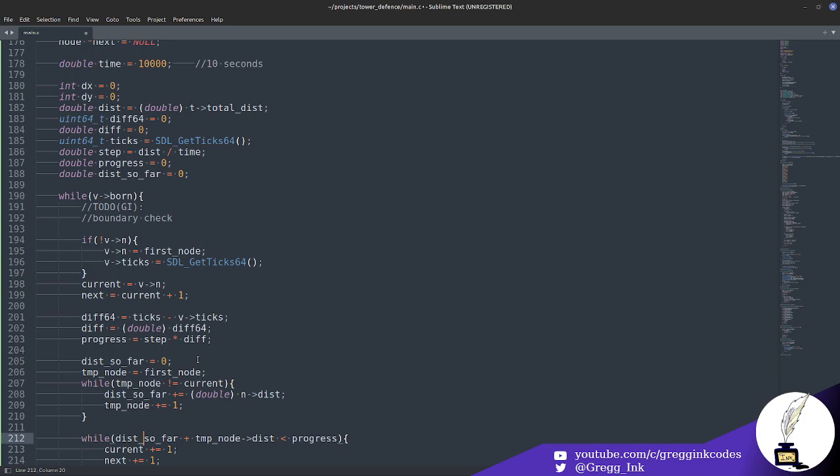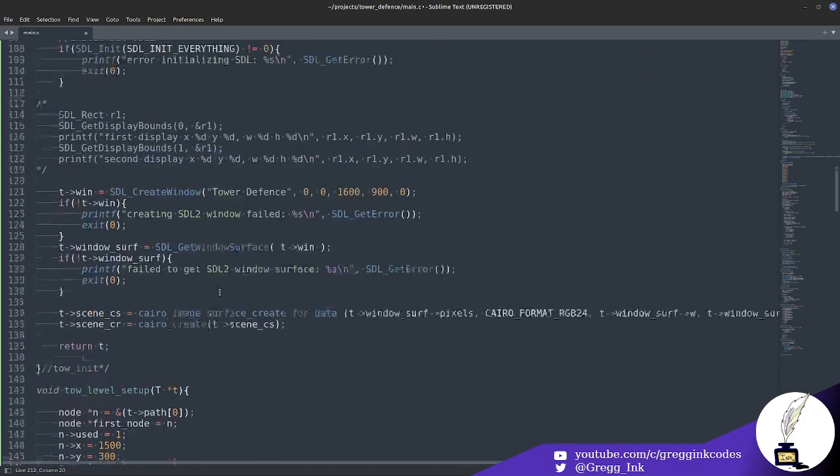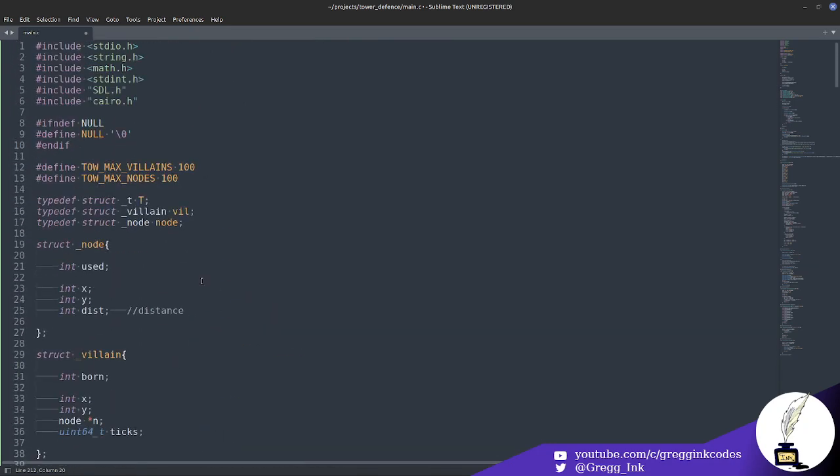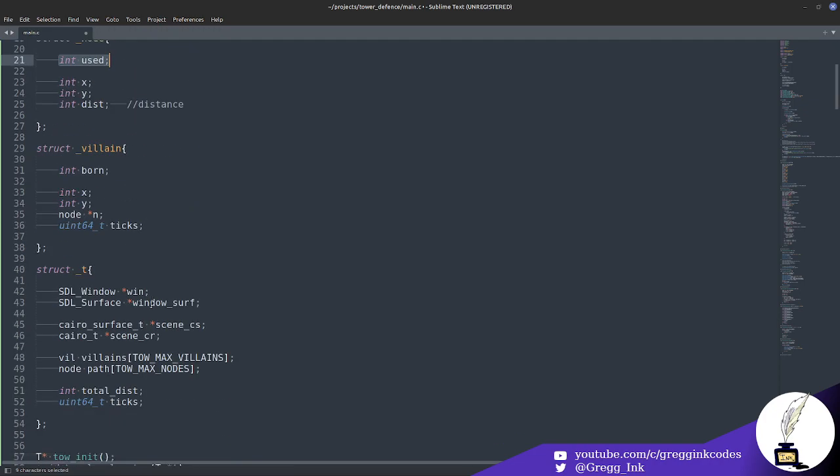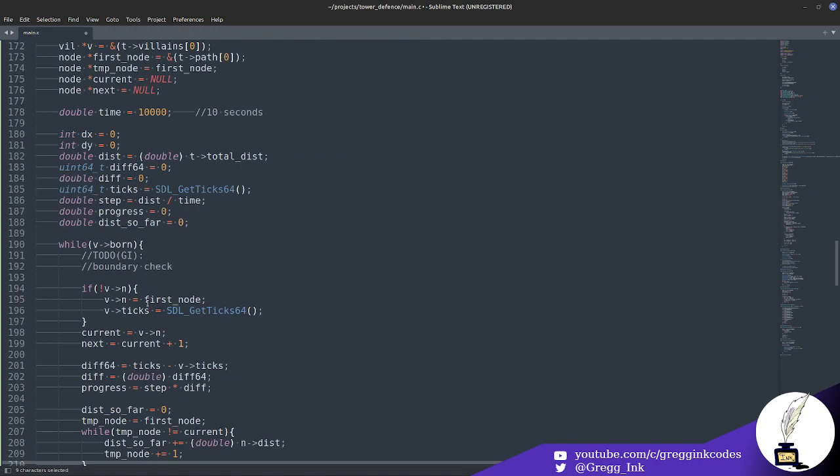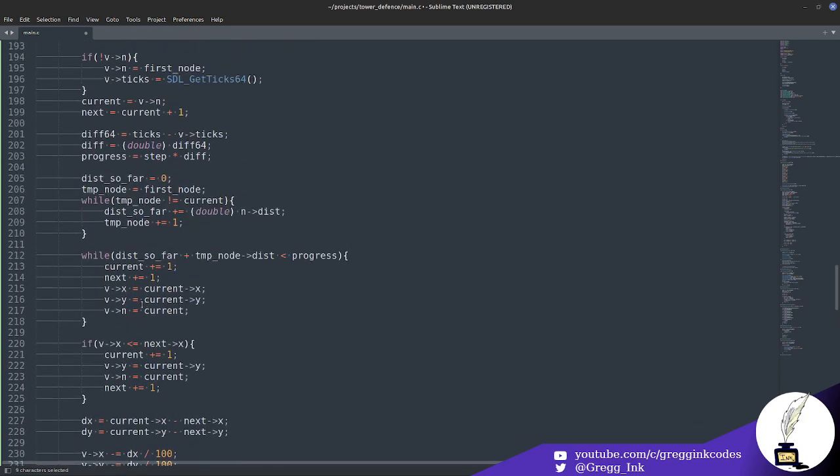There is one kind of issue. Node used, int used. I have to make sure I include that as well here.